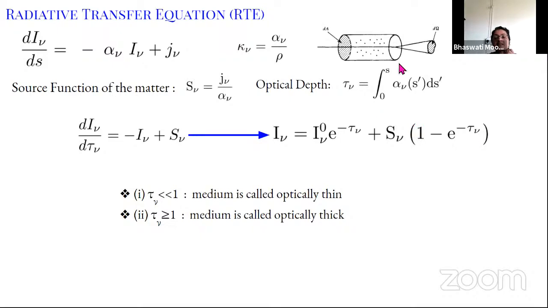And the second term arises from the cylinder itself, the dust cloud or the gas cloud itself, where the emission S nu from the cloud is also attenuated by the cloud itself. So it is the remnant that will come out of it. So it is the attenuated background radiation and the self-absorbed emission of the cloud itself.